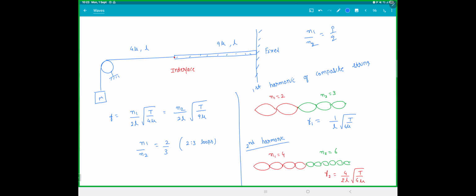Got this? If you got an irrational number, N1 by N2 is root 2 or root 3, you're done. There are no integers which will satisfy this root 2. That means on that system, you cannot create a stationary wave no matter what you do. Is that clear?